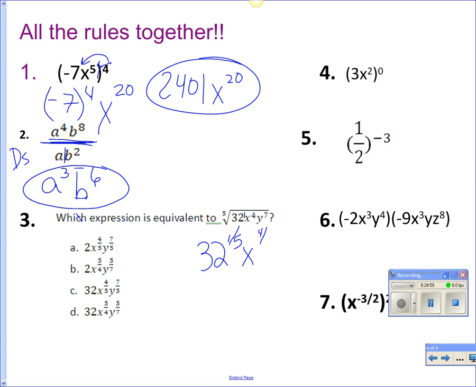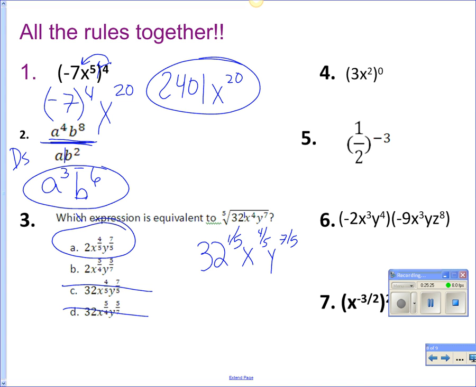Very good. And Brandon for the y? Good. Samaria, what do you get when you do 32 to the 1/5? 2. So I can mark out C and D. And Faith, is it A or B? A, because it has to be 4 over 5.